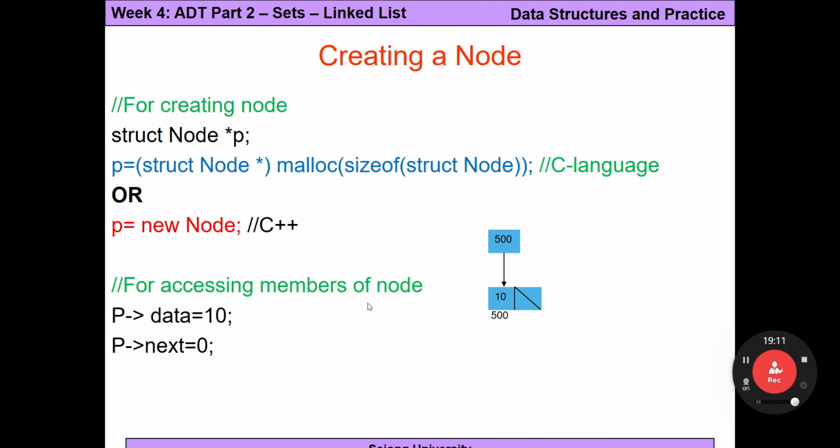So for accessing any member of this node, as you can see, this is the node. So P of data will be 10 and P of next is equal to 0. This is how I can access the members of the node. The members of the node are data and next.